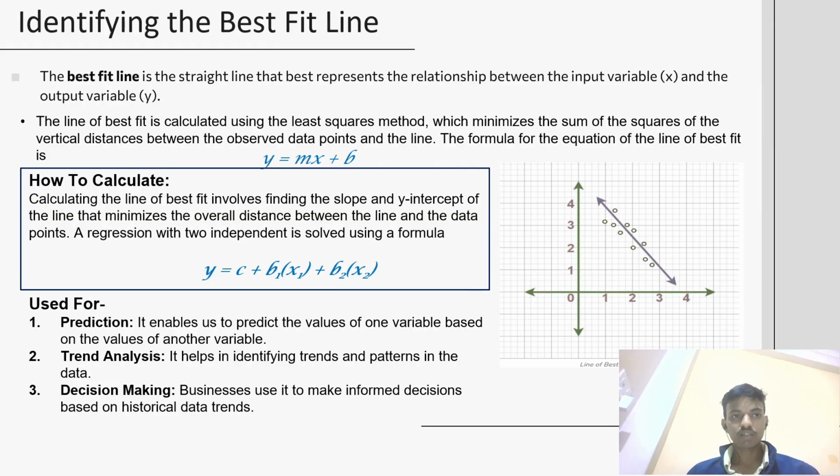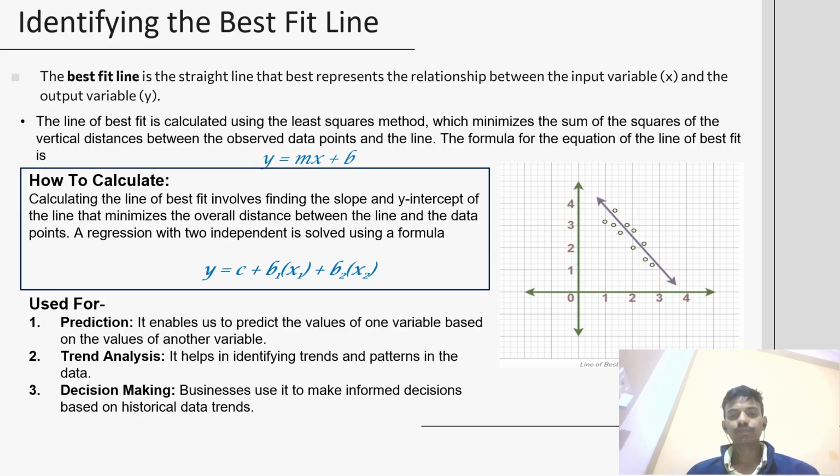Now I will move on to the next slide. It consists of our title, identifying the best fit line. It's pretty important, where we see the best fit is one of the best representations of the relation between input and output variables.